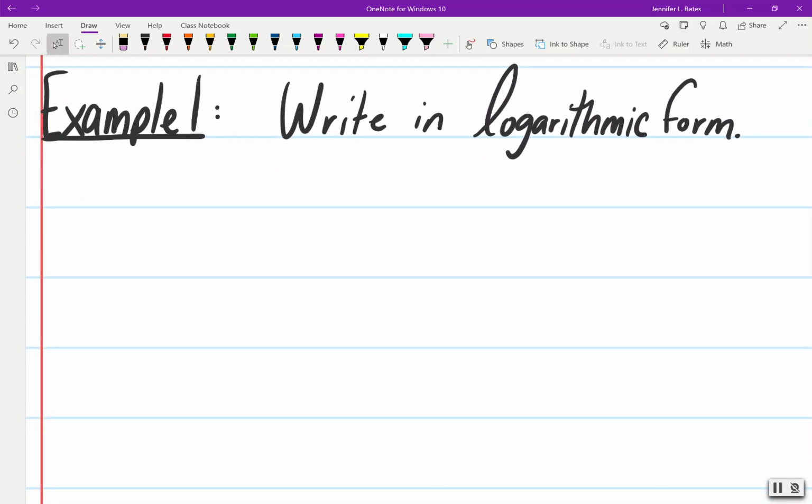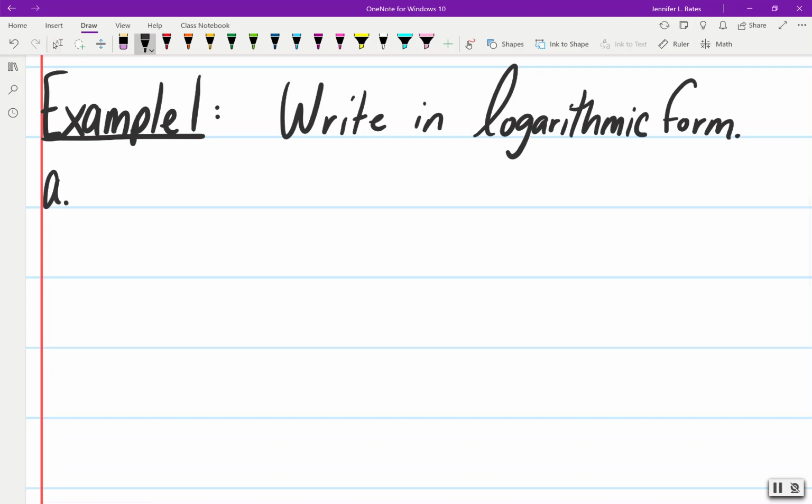Okay, so we're going to practice changing forms. We're going to practice condensing logs. And then we're going to practice some solving. So write in logarithmic form.